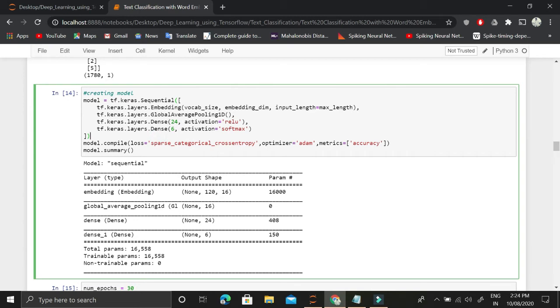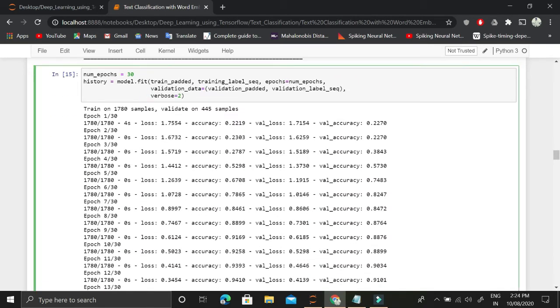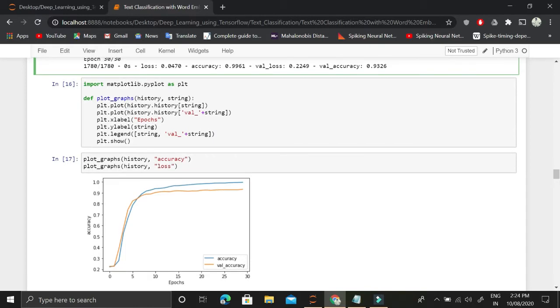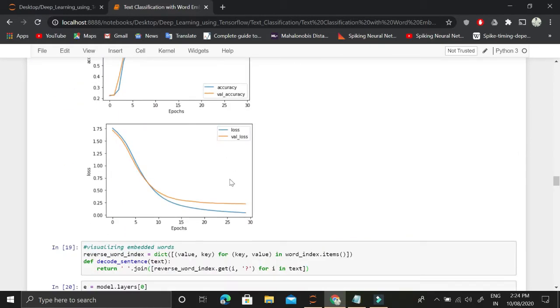So we compile it using the loss sparse categorical cross entropy because we are dealing with multi-class classification, and we are using the Adam optimizer, and we'll be looking at accuracy. Then the fitting function: we have training data, we have validation data, and we have 30 epochs for which we want to train it. Once we train it, these are the graphs that we have received.